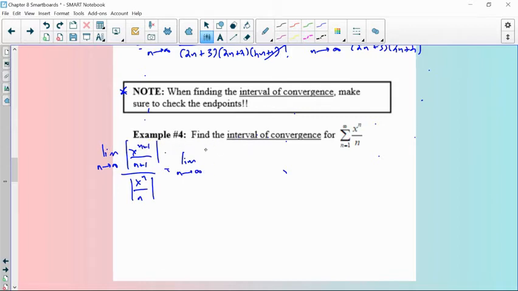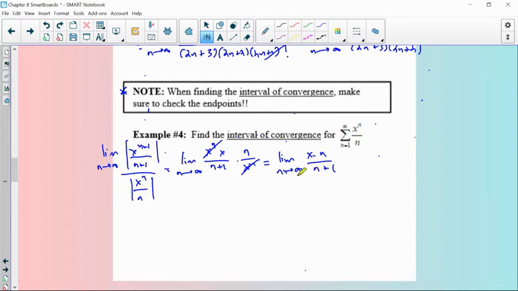So x to the n plus 1, that's x to the n times x to the first over n plus 1. And then when you do the reciprocal, you have n over x to the n. So x to the n will cancel, and we now get the limit as n goes off to infinity of x times n over n plus 1.